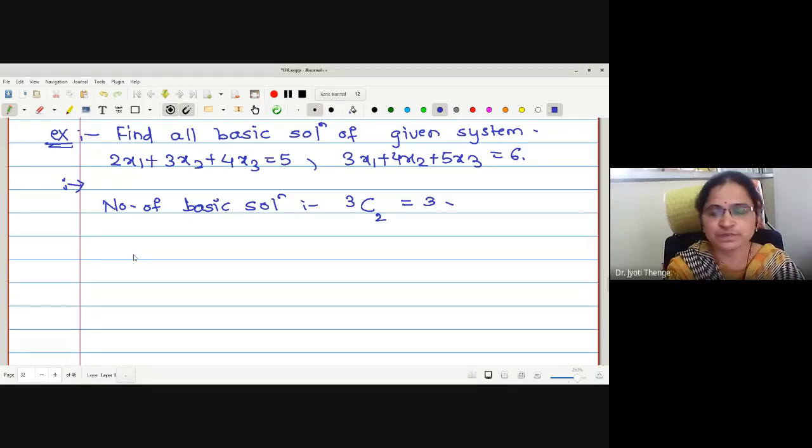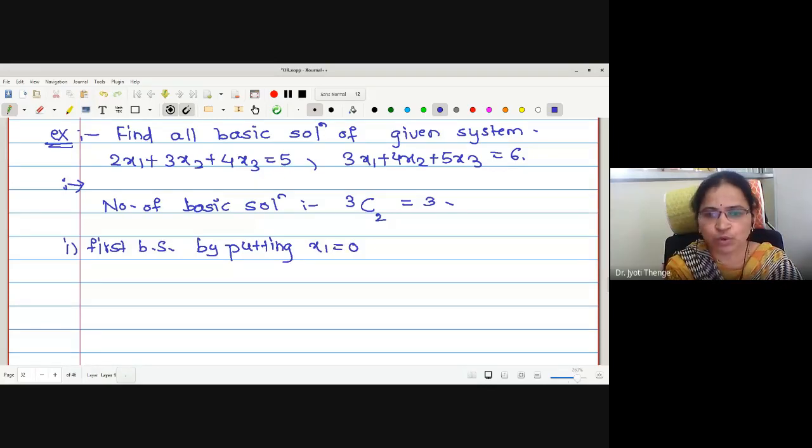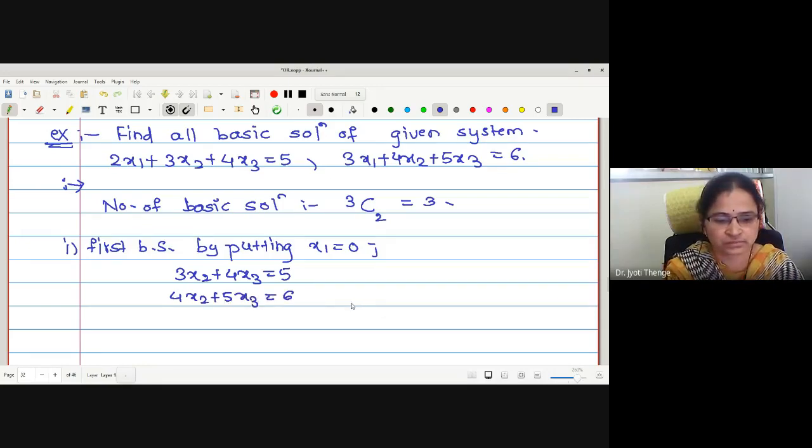How are the basic solutions obtained? One variable is kept zero and we obtain the solution. First, let me put x1 = 0. The system of equations becomes 3x2 + 4x3 = 5 and 4x2 + 5x3 = 6.